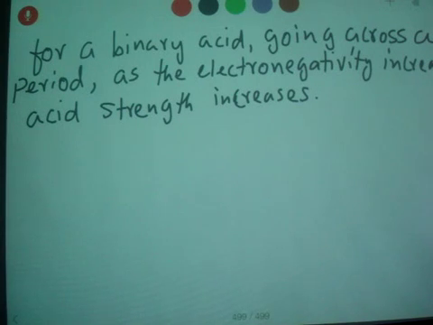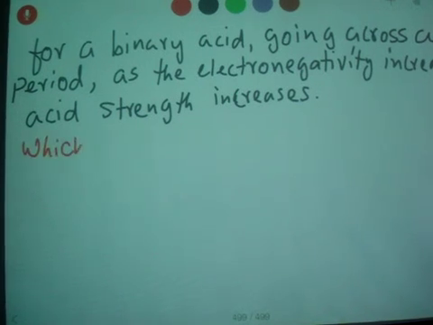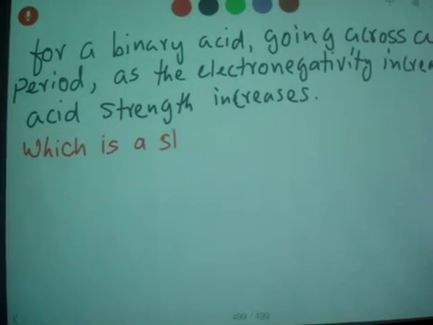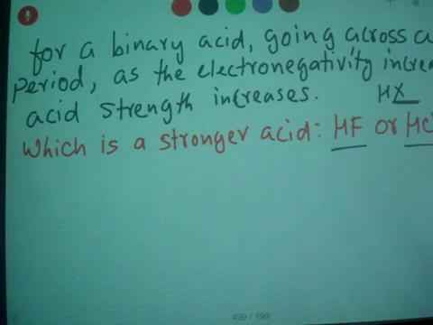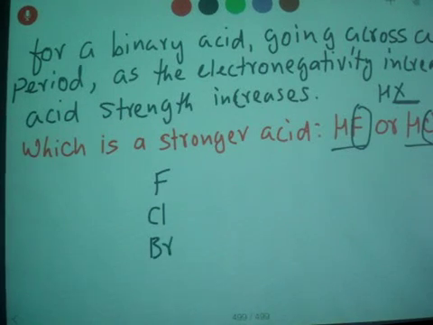Now I'm going to give you an example. Which is a stronger acid, HF or HCl? This is a binary acid, like HX. We need to compare the size of F and Cl. You can see fluorine, chlorine, bromine, iodine.